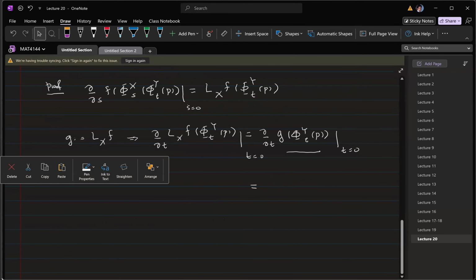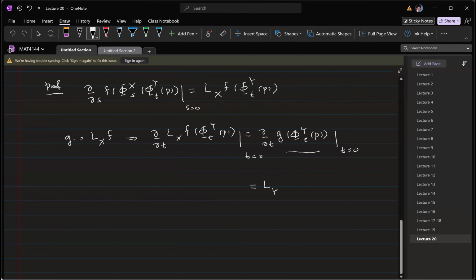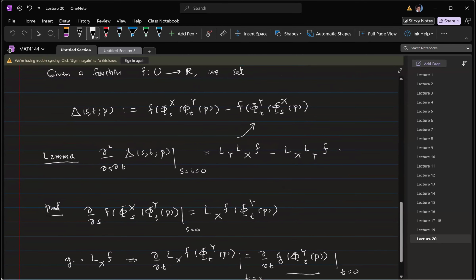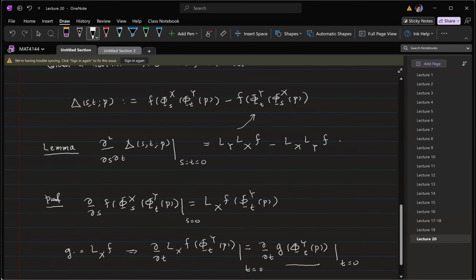So the right-hand side is just L_y of g at p, which is then L_y L_x f at p by the definition of g. Okay? And if I do the same process with the other term, I get L_x L_y. All right? Is it clear?